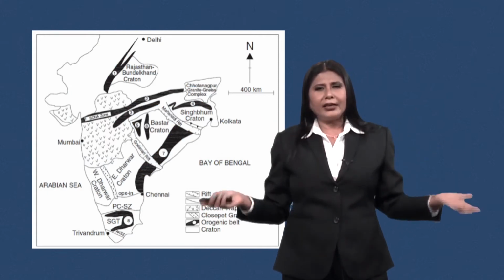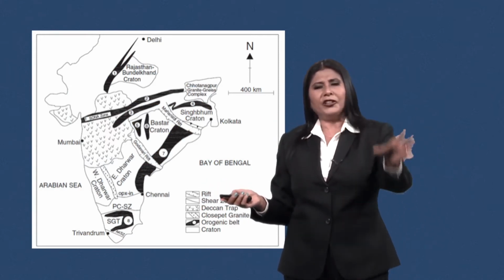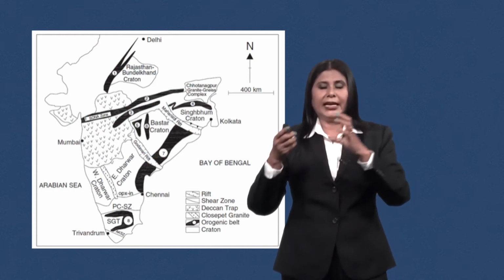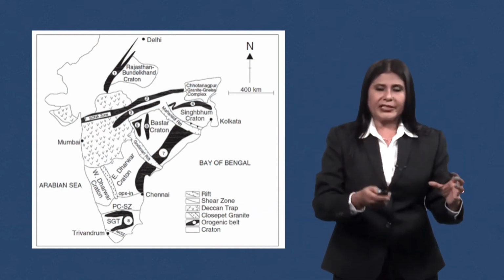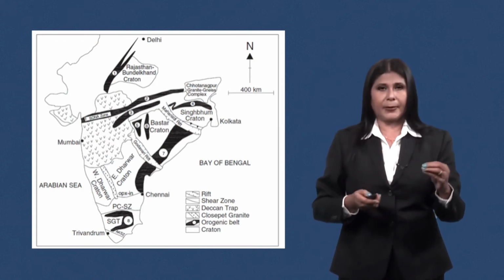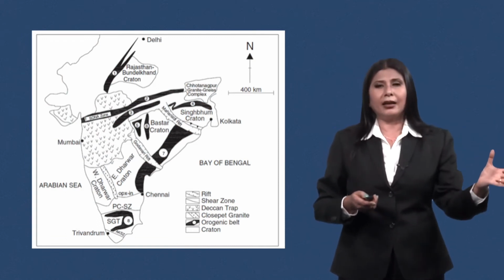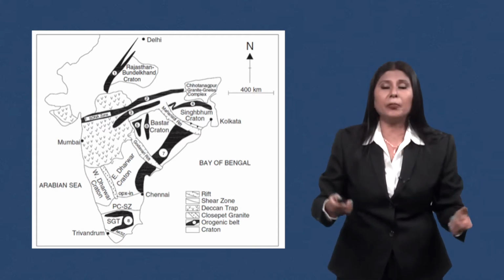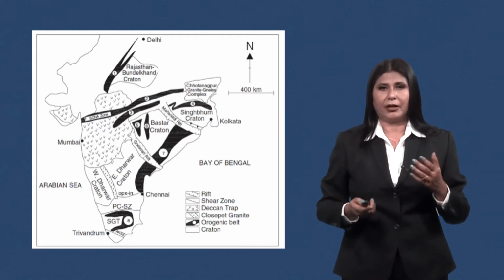So, if we look at India, we can have different geologic divisions: cratons, the Deccan trap basalt, sediments of Himalaya, sedimentary rock of Himalaya, sediments of central part of India, etc.